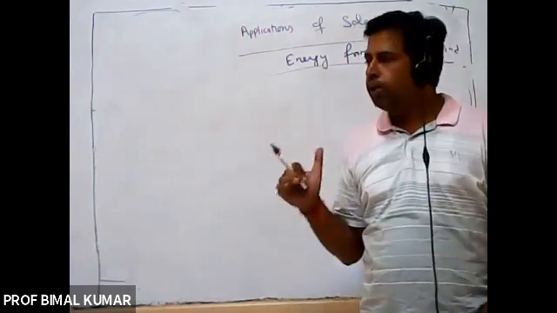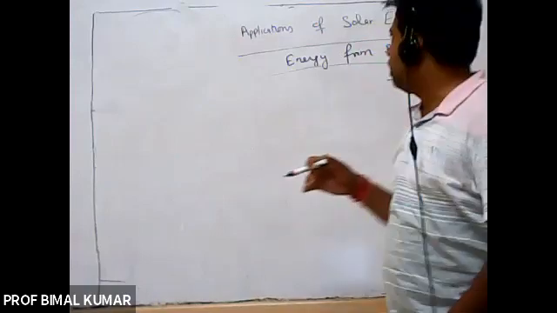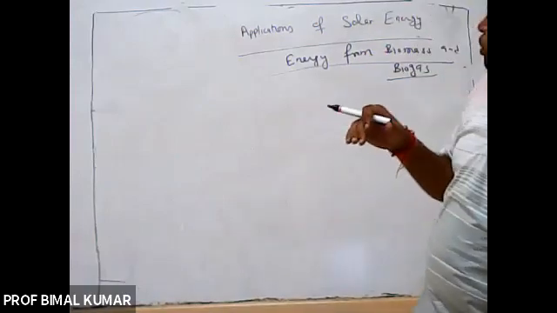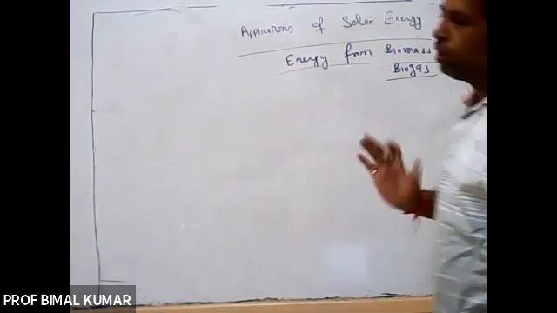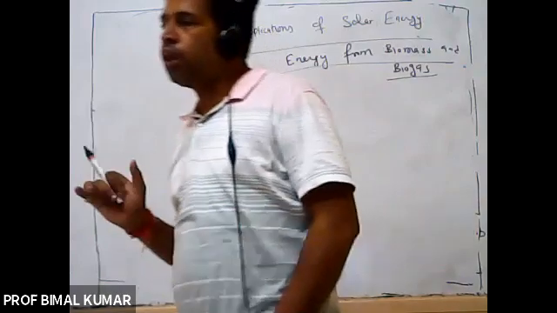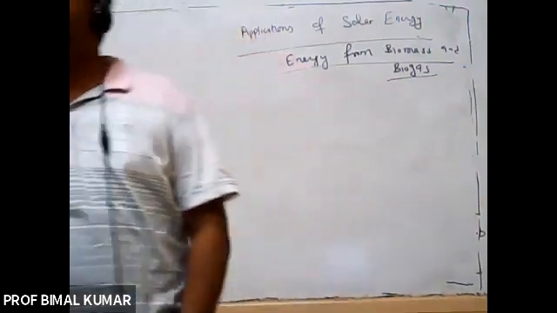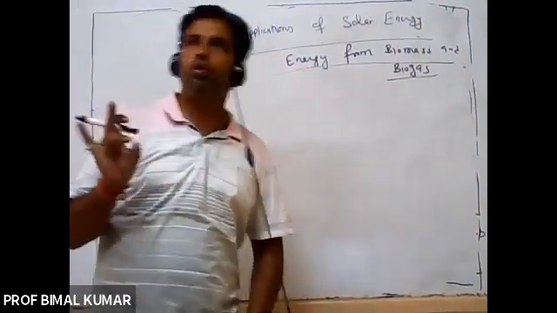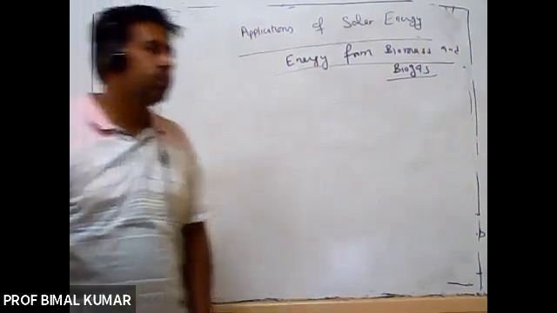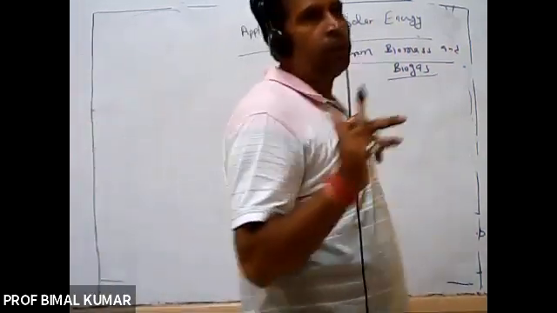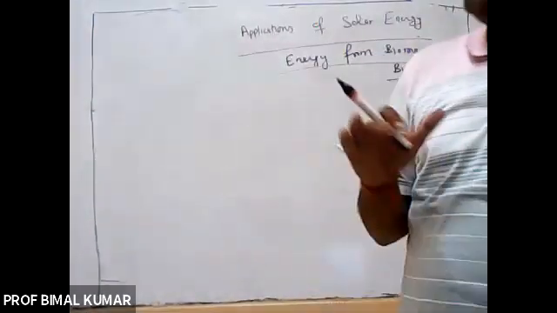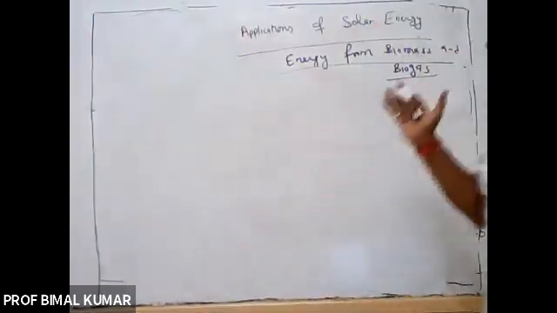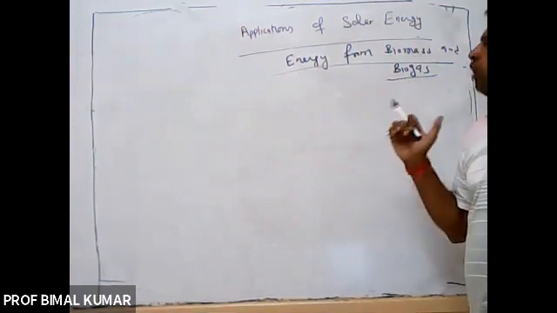So these are the major categories for the application of solar energy. We may classify the applications of solar energy into three categories: one is direct energy conversion, second is solar electrical appliances, and third is energy from biomass and biogas.